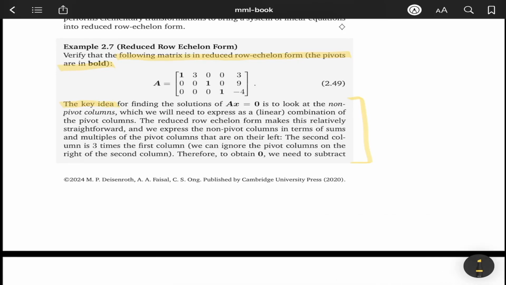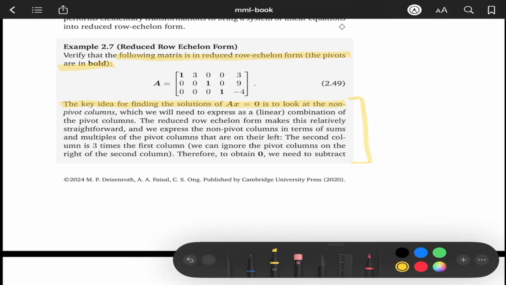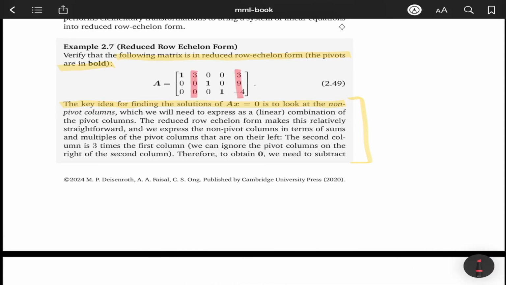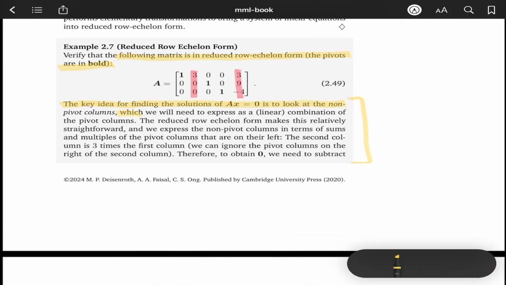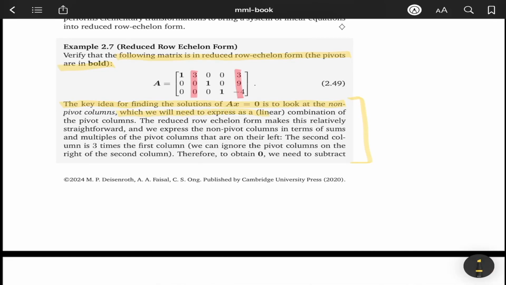The key idea for finding a solution is to look at the non-pivot columns. We have one here and one here, which we will need to express as a linear combination of the pivot columns. Okay, so a linear combination is somehow you try to express one vector as a combination of two vectors, for example, I think.